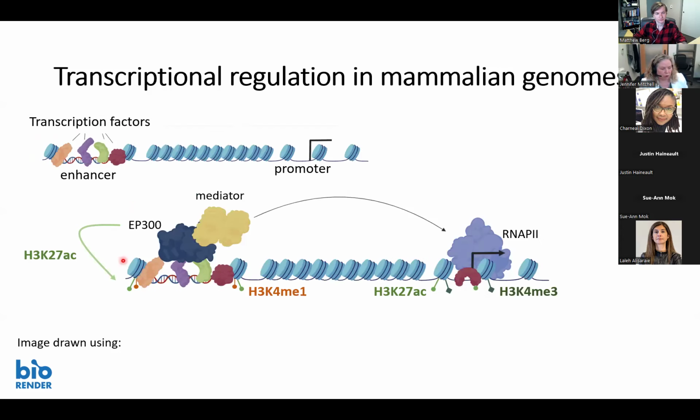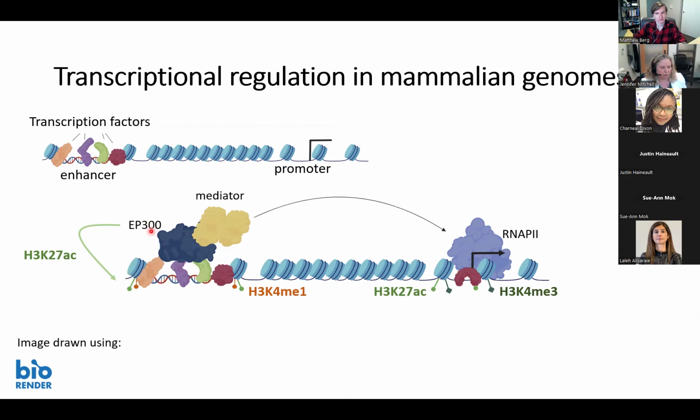The picture is even more complex because these transcription factors can recruit other proteins called coactivators. I'm just showing you a couple of examples here. There's one coactivator called EP300, which is an acetyltransferase enzyme that will acetylate histones close to the regions that it's associated with.